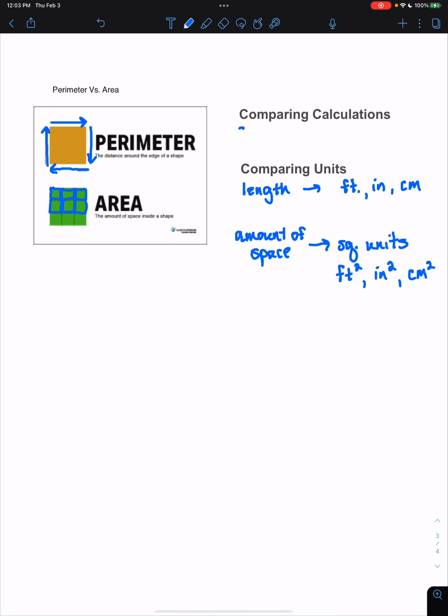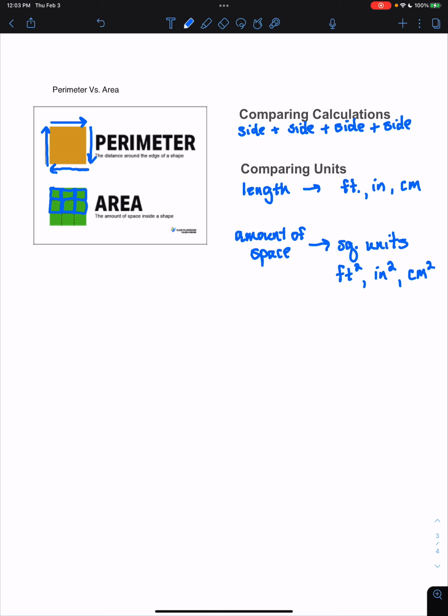So we're going to measure a side plus a side plus a side. It's almost as if you are walking around the outside of the shape when you're measuring perimeter. So if you can imagine yourself walking around each side and measuring that side and adding them all together.